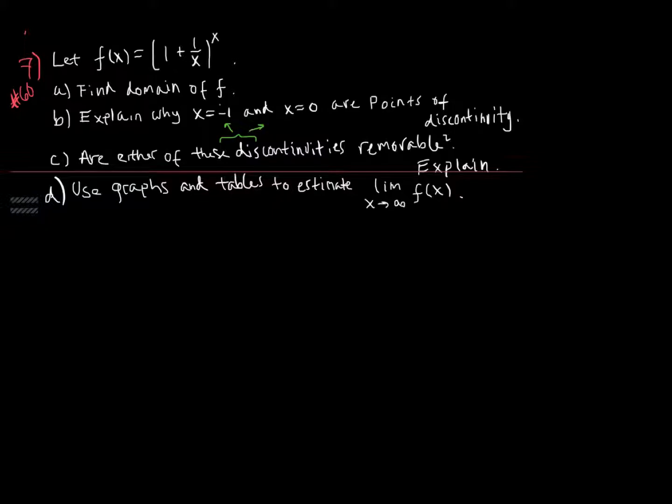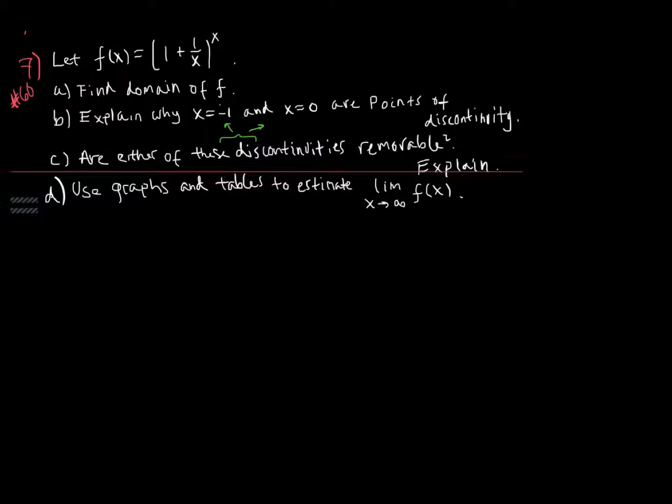Now, are there any others? Well, let's think about all positive values. All positive values are going to be just fine, right? Because you'll have 1 plus some fraction that's defined to some power. What about negative values? Well, just remember, if you have a negative exponent, what you're really doing is writing whatever you're taking to that negative exponent in the denominator and writing it to a positive exponent. So let's just consider negative 1 for a second. What would negative 1 look like?